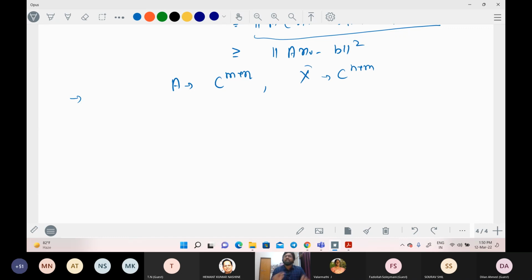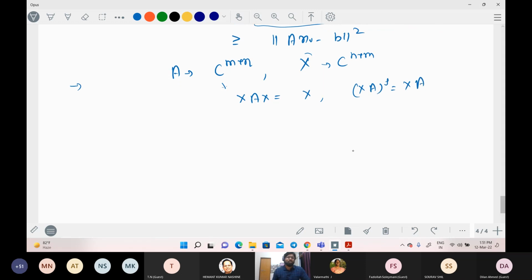We want to develop an iteration method for the Moore-Penrose inverse, and those professors developed that iteration method by using these two conditions. You can see this is Penrose equation 2, XAX = X, and XA* = XA. Let me show you how this method has been formed, and then there is a very nice research paper on it.